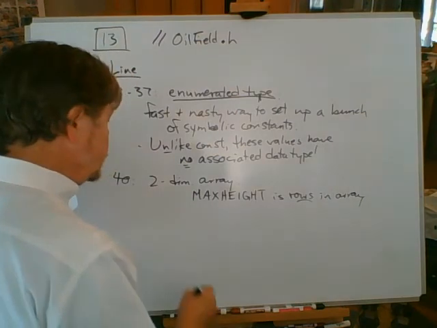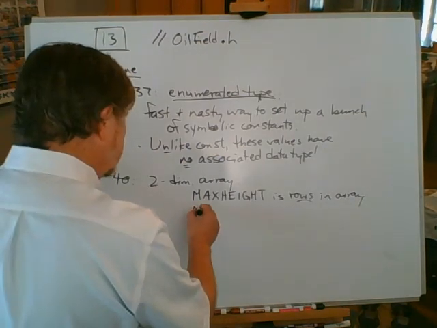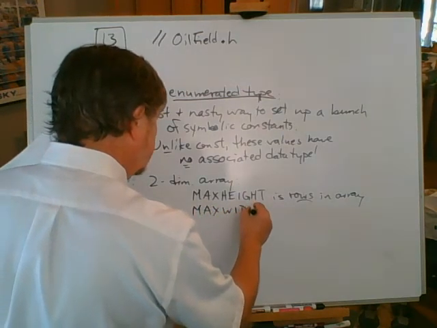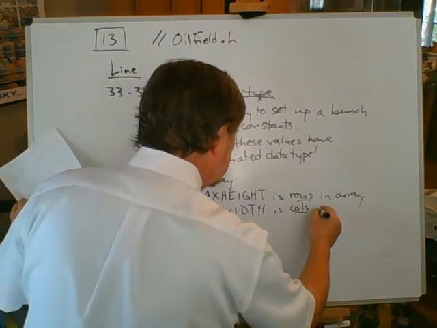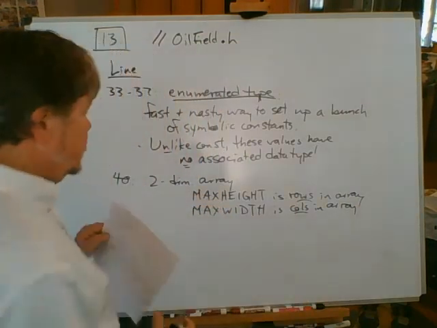Max height is rows in array, and it takes a long time to write these out. Max width is columns in the array.